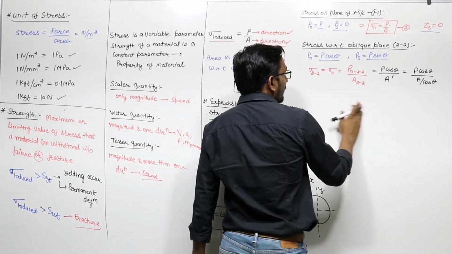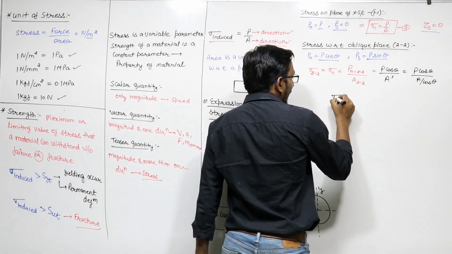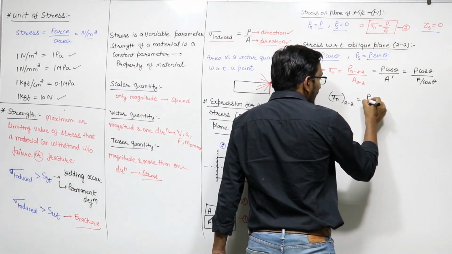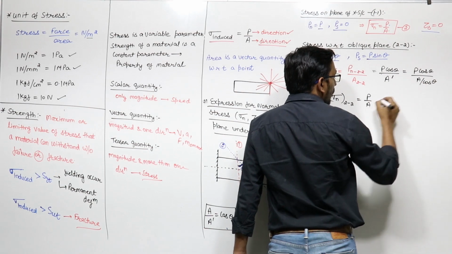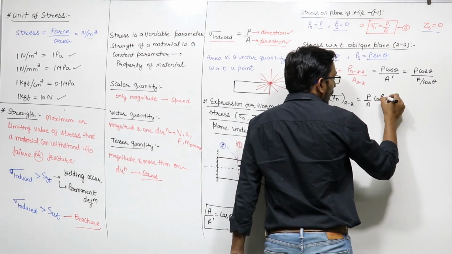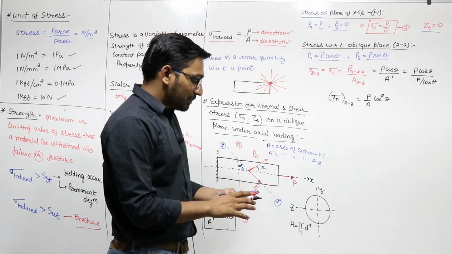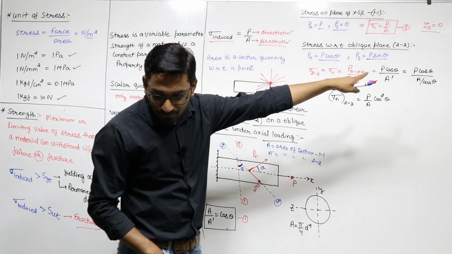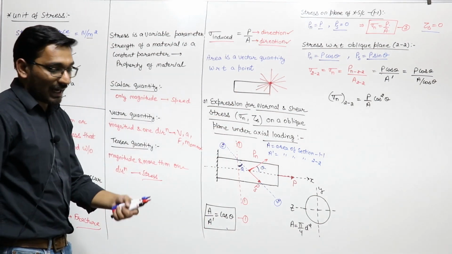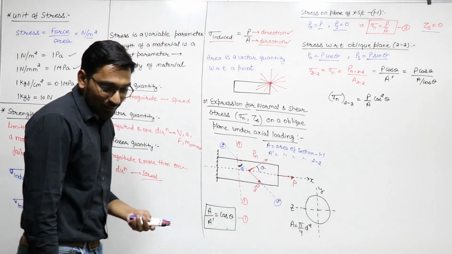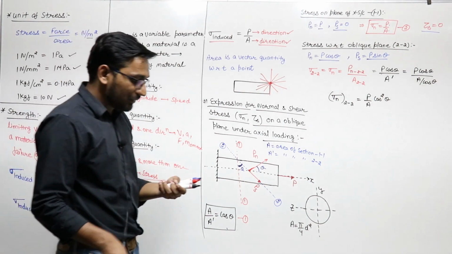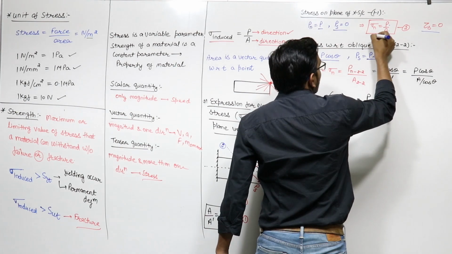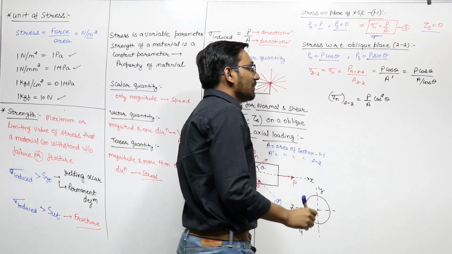So from here you can write sigma n at section 2 will be equal to P by A, and this cos theta will go in the numerator, giving cos square theta. P by A is sigma n at the section, or you can denote it as sigma.